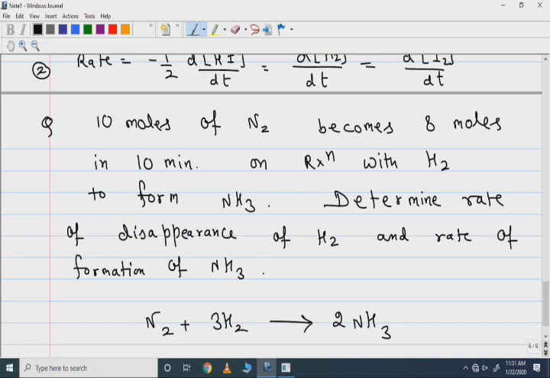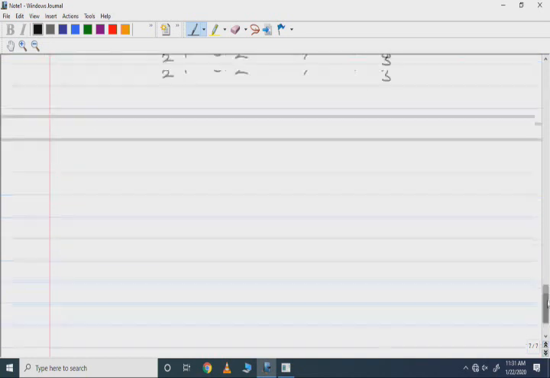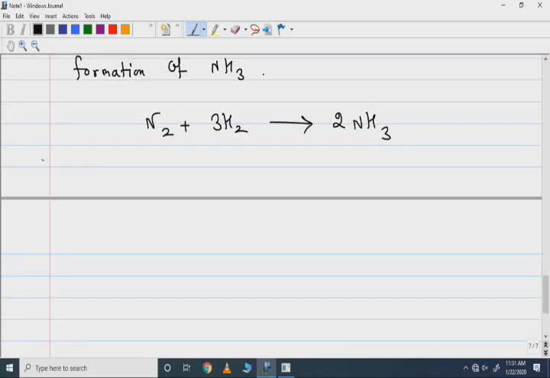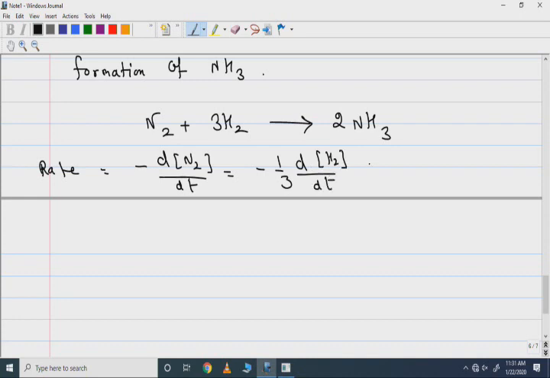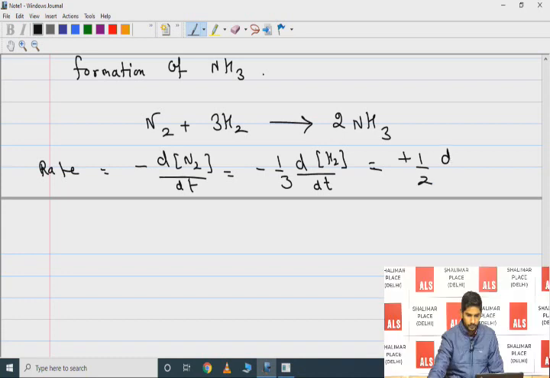Done? Okay, let's see. I can write rate of reaction as minus dN2 by dt, minus 1 by 3 dH2 by dt, plus 1 by 2 dNH3 by dt.